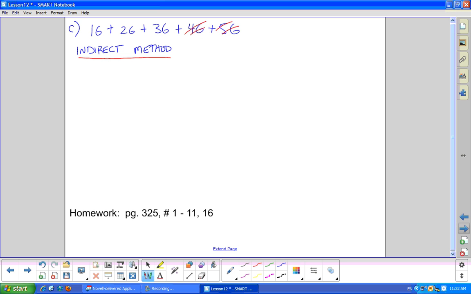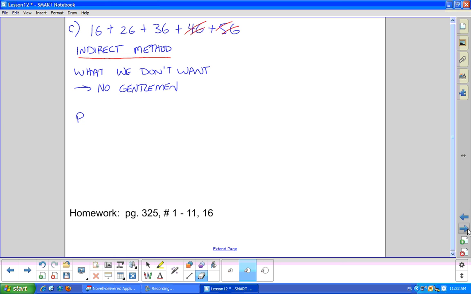We can start with what we don't want. And that is no gentleman. So we don't want the situation where there's no gentleman. How can we ensure there's no gentleman? Well, we can do it in terms of number of outcomes.